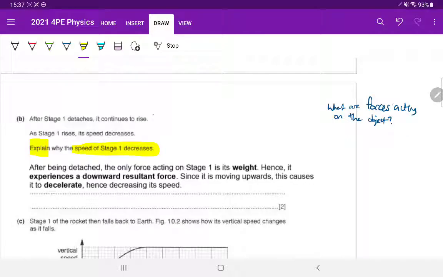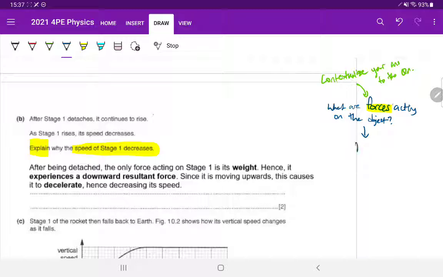In this first question, you want to be specific about it, because this should contextualize your answer to the specific question itself, by saying the specific forces that are acting on the object. So you ask yourself first, what are the forces acting on the object? Why do you ask yourself that?